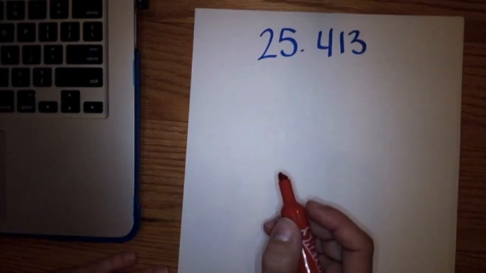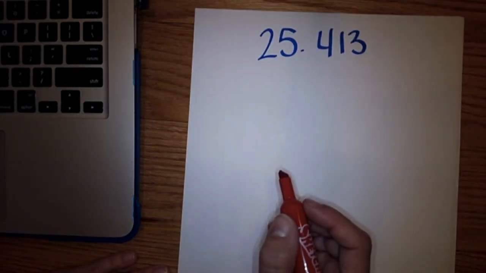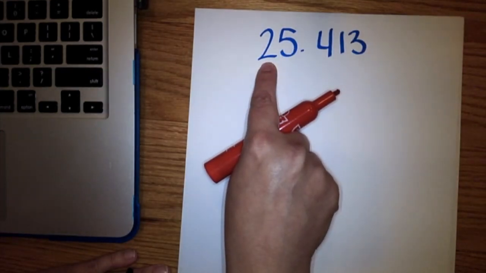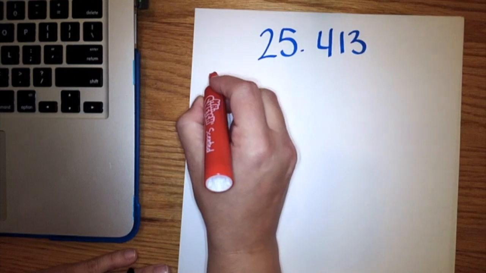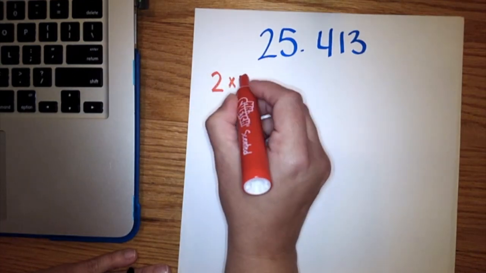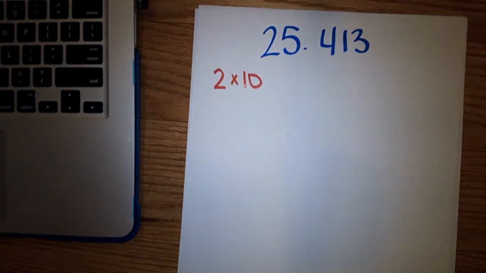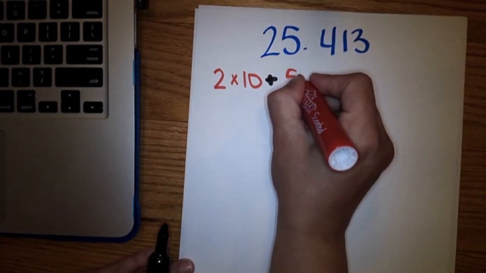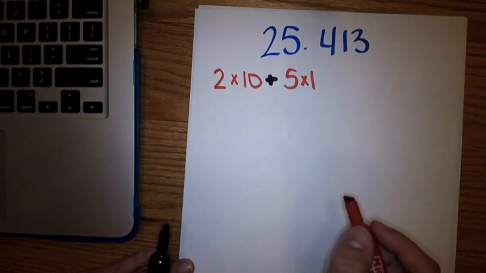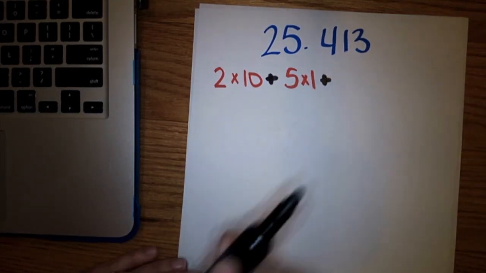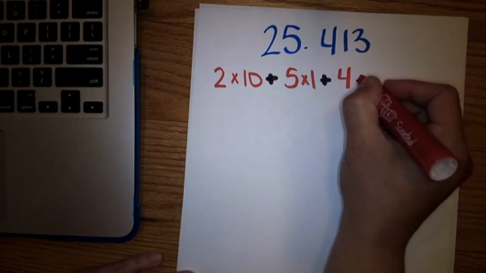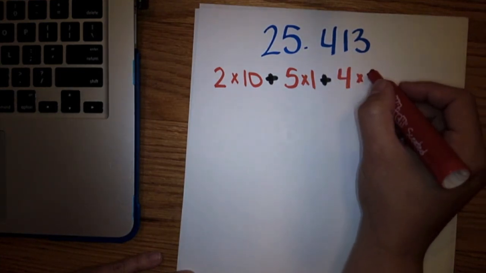All right, guys, I'm going to show you that one more time. Expanded form using decimals. Here's my 2. It is in the tens place. So it is 2 groups of 10. We are going to add that to 5 groups of 1, 5 in the ones place. 5 times 1. Then we're going to add that to 4 groups in the tenths place.